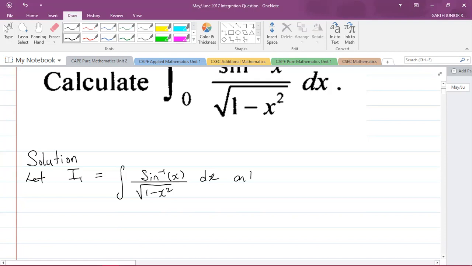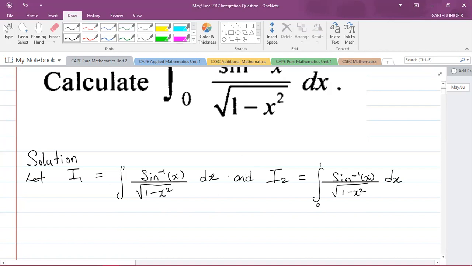And I'm going to let I2 be equal to this integral above. So I2 is going to be equal to the integral from 0 to 1 of sine inverse x divided by the square root of 1 minus x squared with respect to x.